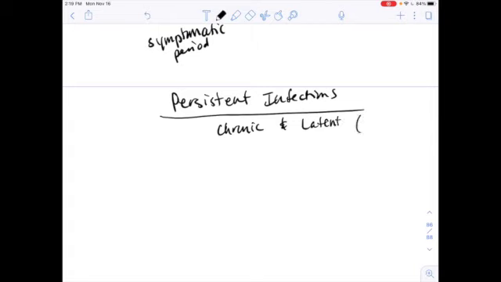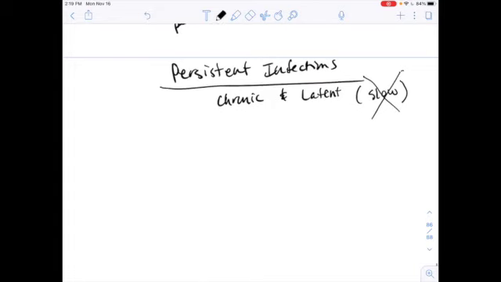In the PowerPoint, I call one of them slow. We don't use that terminology anymore. I did not update my PowerPoint, and I'll go back to the PowerPoint and have you X things out. But a slow infection is the same as latent. So we'll talk about that in a minute. But let's look at latent. Latent infections.